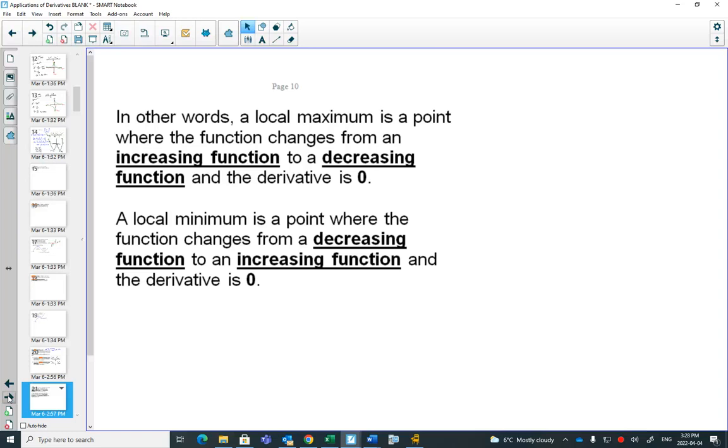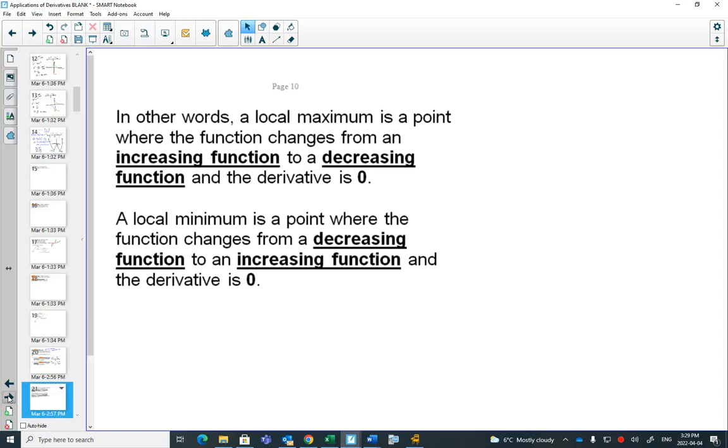And I will try to be extra explicit when we get to the second derivative test. Because the second derivative tells us where things are concave up and concave down. The second derivative will go into inflection points. But the second derivative test is a way to show maximums and minimums. And most people don't like it because the first derivative test is so easy. Why would I want to ever do a second derivative test?